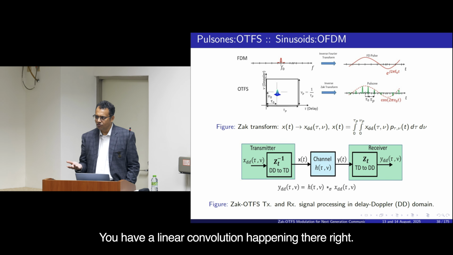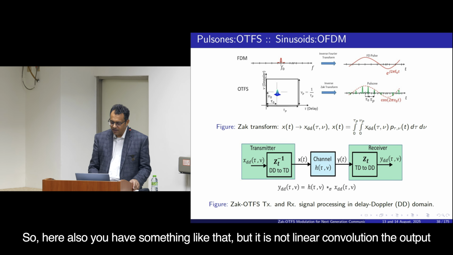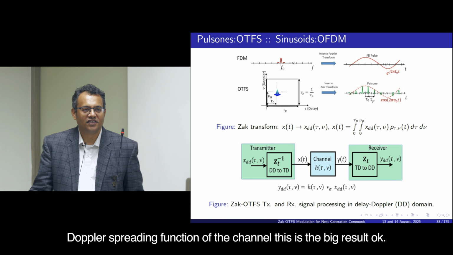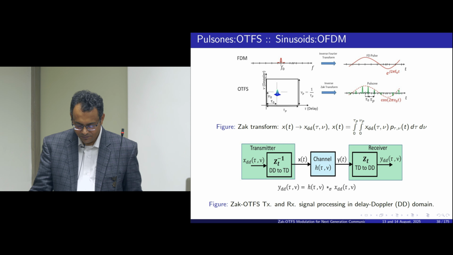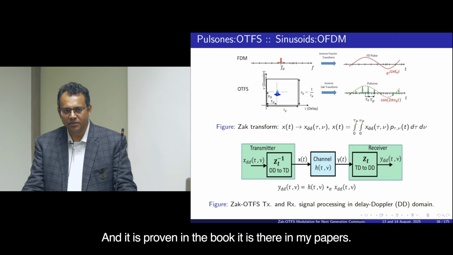You have a linear convolution happening there, right? So here also you have something like that, but it is not linear convolution. The output in the delay Doppler domain is given by the twisted convolution of the input with the delay Doppler spreading function of the channel. This is the big result, okay? And it is proven in the book, it is there in my papers.